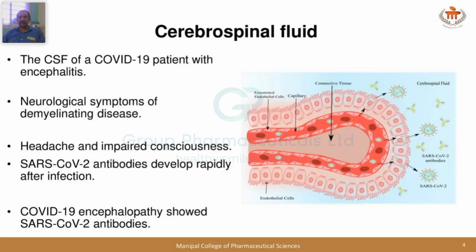By then, the viral load present in the CSF might be lesser. That might be the reason that even though the patient has shown symptoms of several neurological disorders, they could not identify the SARS-CoV-2 virus in the cerebrospinal fluid.